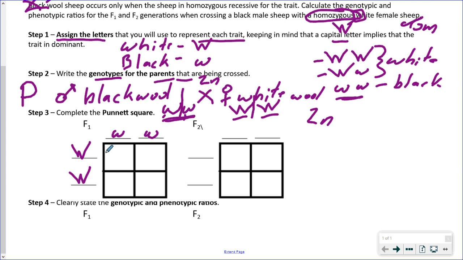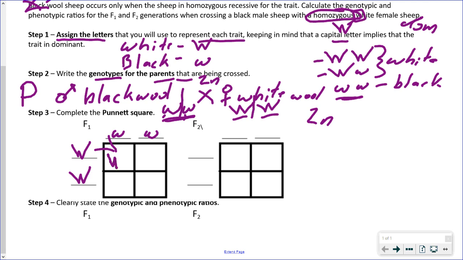Now what goes in the square, this is important, this is your prediction. What you're saying is this is what I think is going to happen, based on probability, in terms of the genotypes and phenotypes in the next generation. The way that we fill in the square is just the intersection. So this lowercase w is going to go down, this capital W is going to go over. You always write the capital letter first.